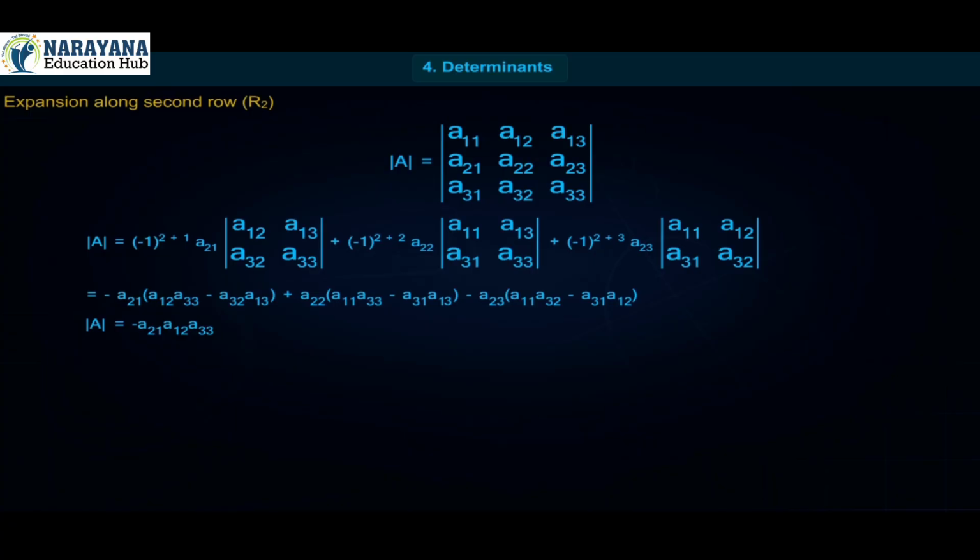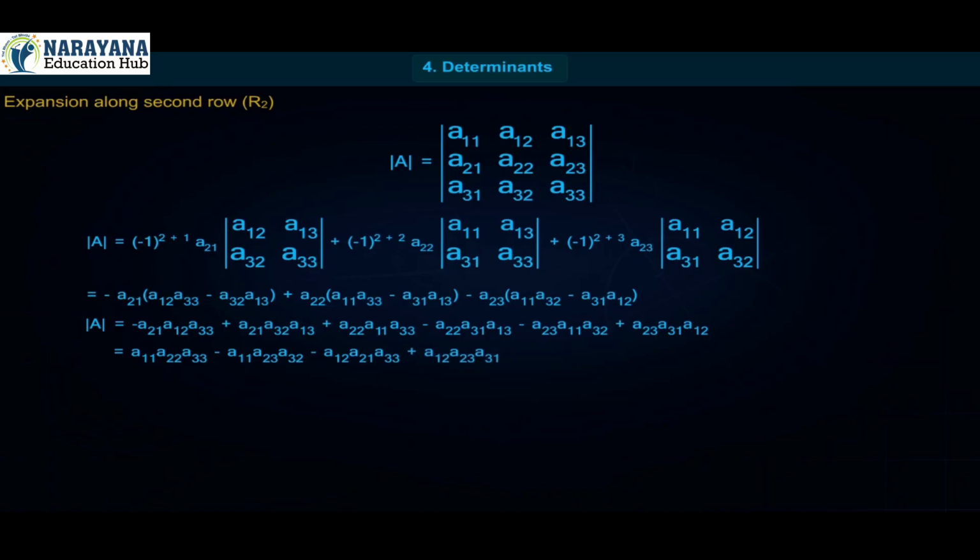Determinant of A is equal to minus A21, A12, A33 plus A21, A32, A13 plus A22, A11, A33 minus A22, A31, A13 minus A23, A11, A32 plus A23, A31, A12 is equal to A11, A22, A33 minus A11, A23, A32 minus A12, A21, A33 plus A12, A23, A31 plus A13, A21, A32 minus A13, A31, A22.